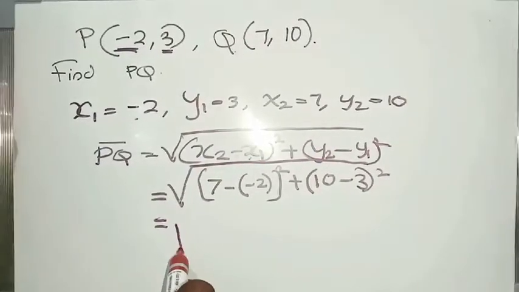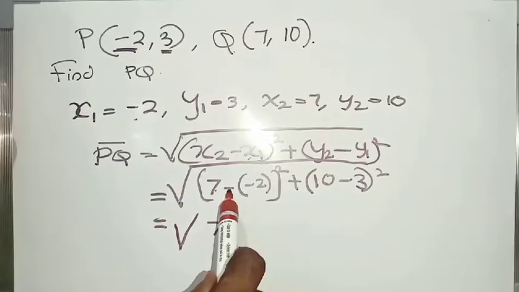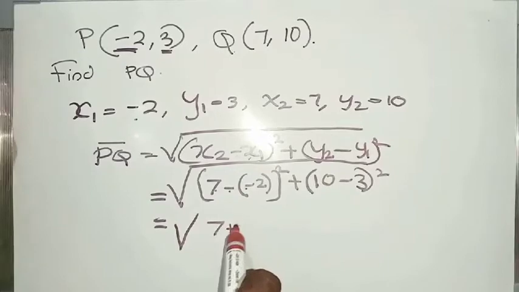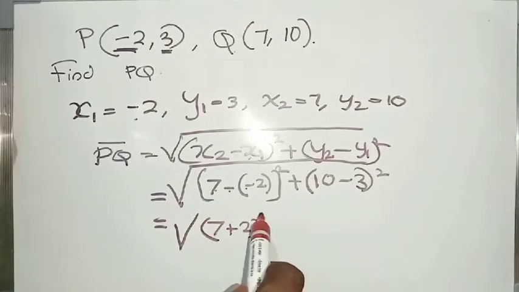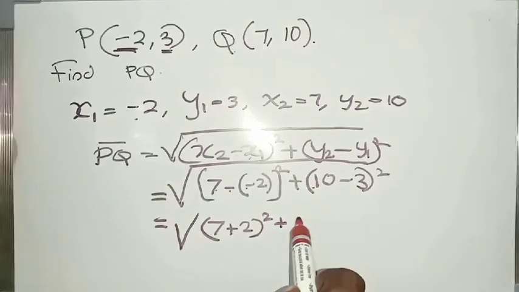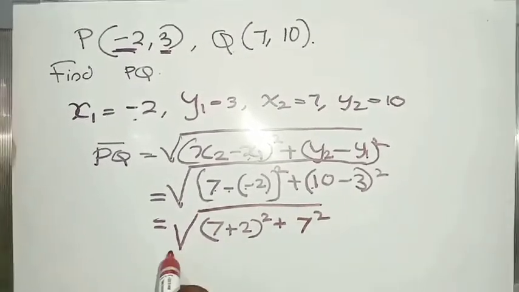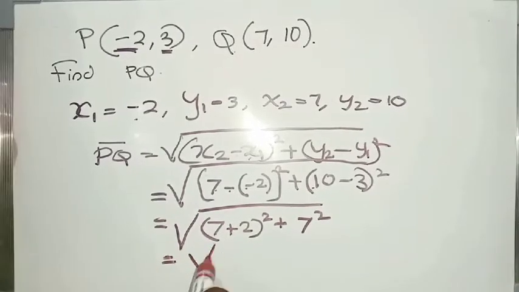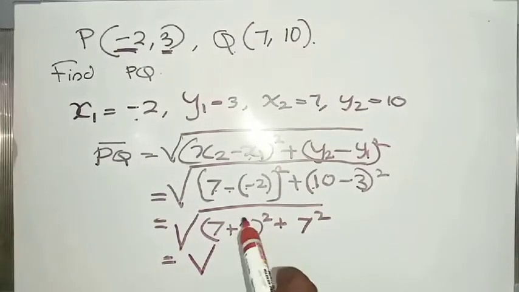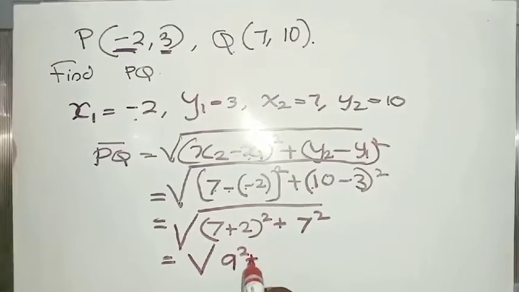So we get square root of 7 minus into minus is plus 2, the whole square, plus 10 minus 3 is 7 squared. That is equal to square root of 7 plus 2 is 9, 9 squared plus 7 squared.